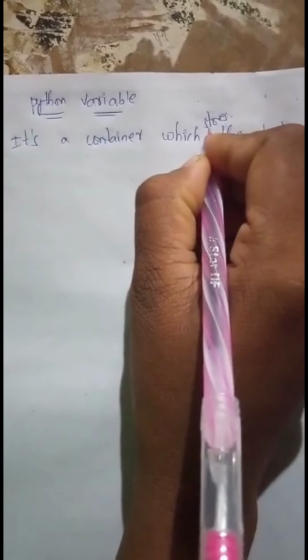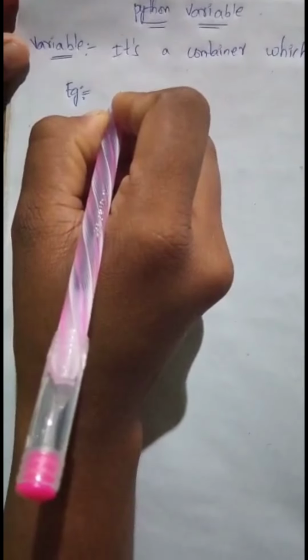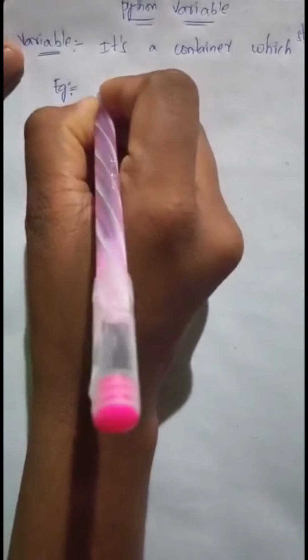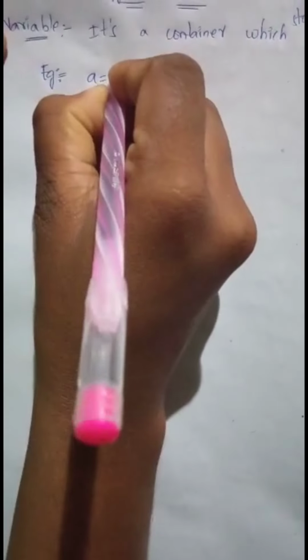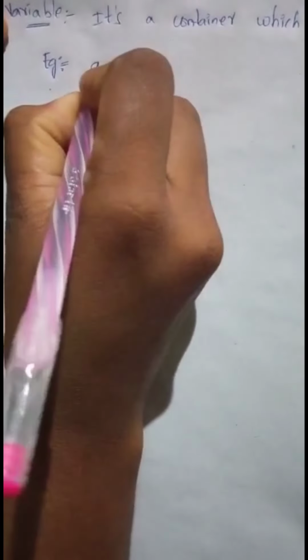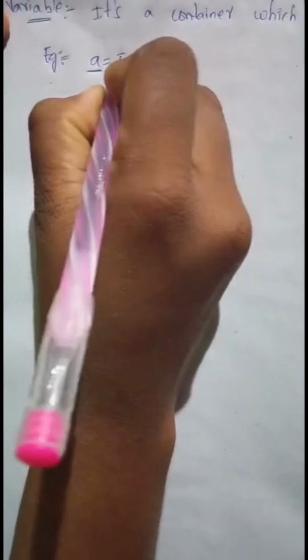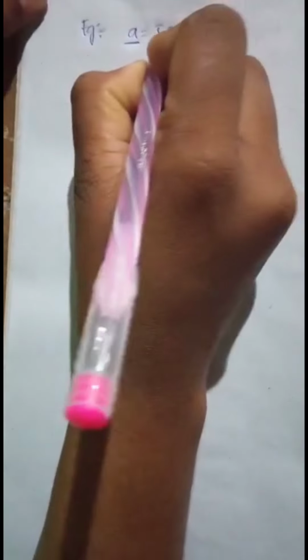Here I forgot to write stores, ma'am. Variable, it's a container which stores the data. Here A is equal to 50. Here A is a container which is storing the data, means a variable, a value.